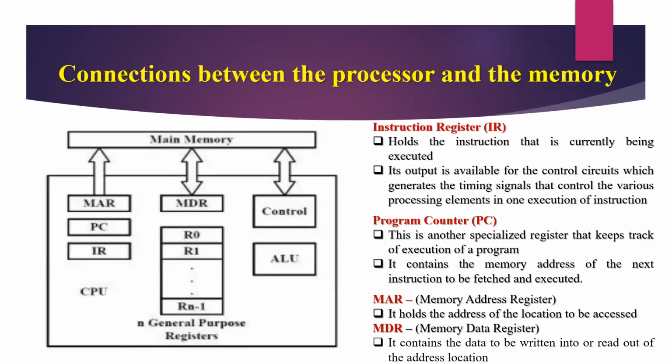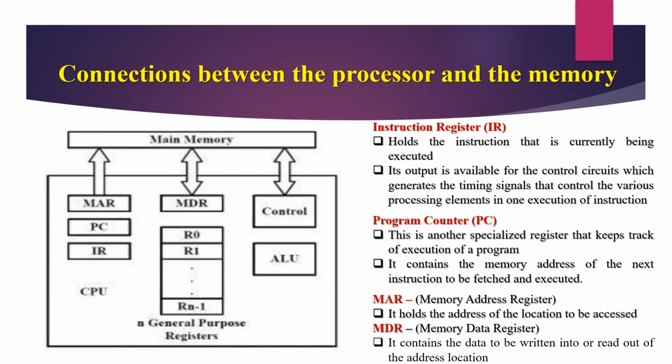This is the connection between the processor and the memory. On the left-hand side, we have an overall architecture of the basic operational concept, starting from main memory, and the bottom one is the CPU. CPU is the central processing unit. In that CPU, we have some registers. One is IR, the instruction register.